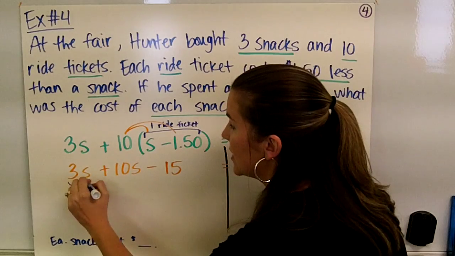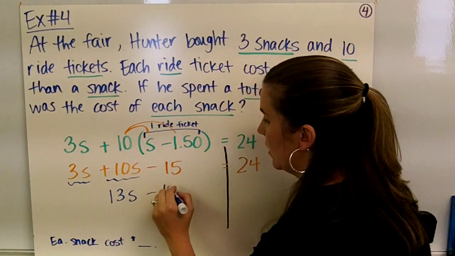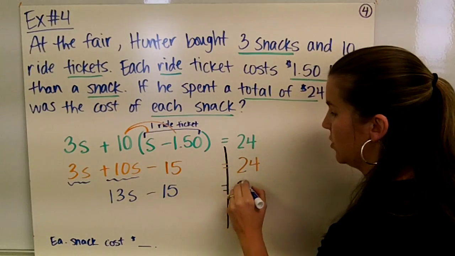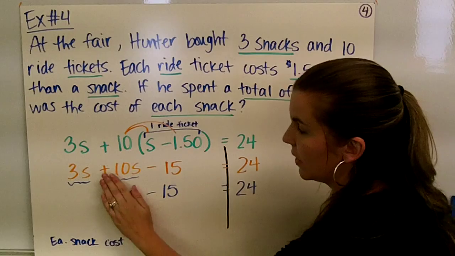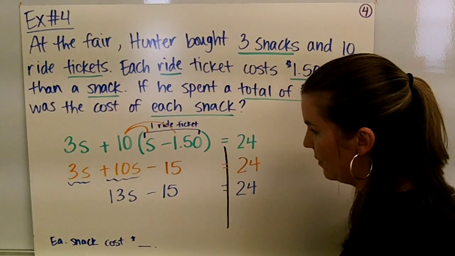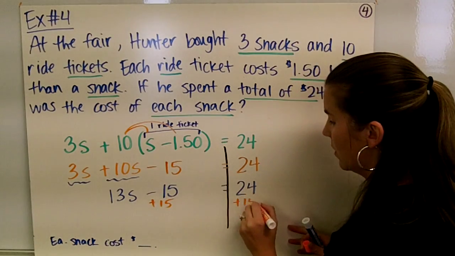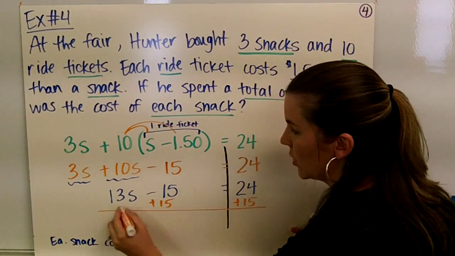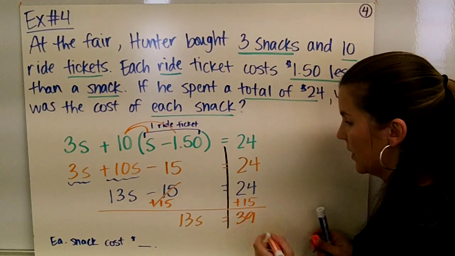I have 3s plus 10s, that's 13s, minus 15 equals 24. I need to get s by itself, so cover it up. I need to do the opposite of minus 15, which would be to add 15 to both sides. So those cancel. 13s equals 39.